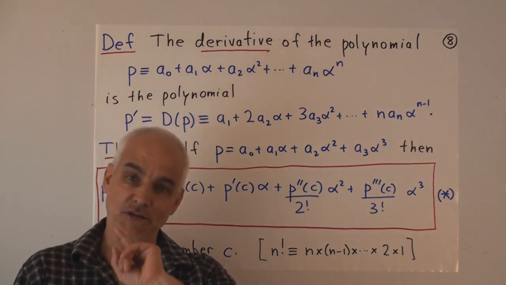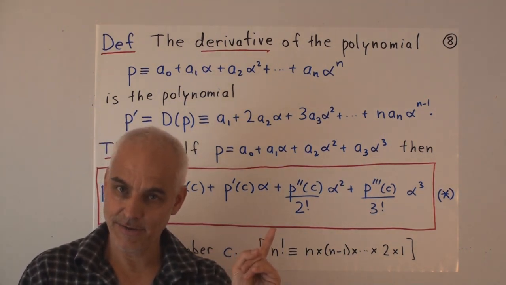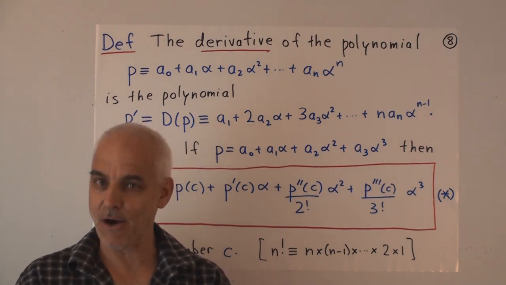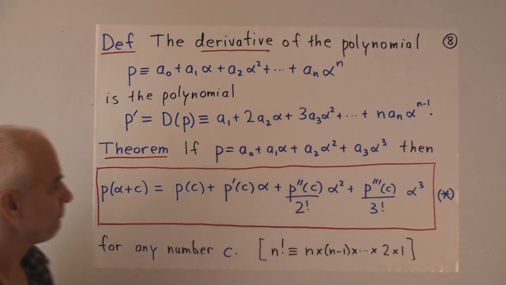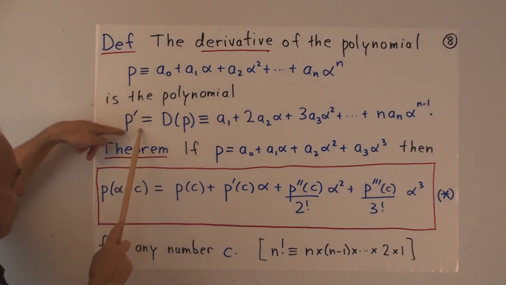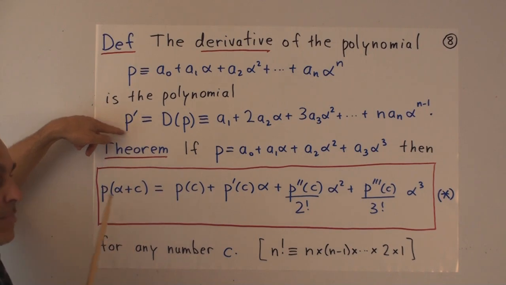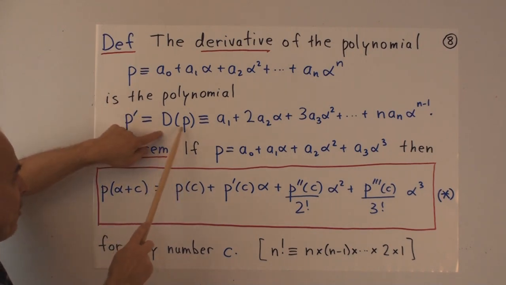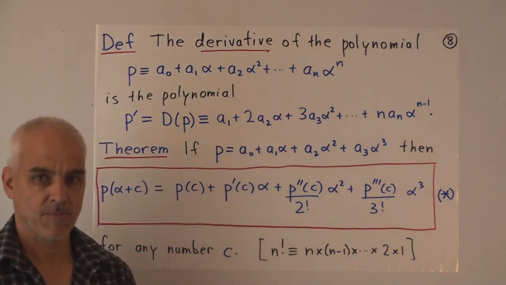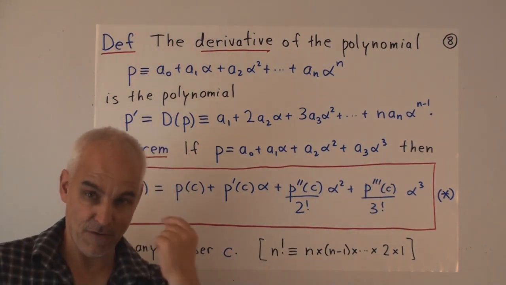I remind you this is just a formal expression. It's just something that we write down, a linear combination of powers of alpha. And what is its derivative? Its derivative, which is called P prime, or sometimes D of P, is this polynomial. This is the definition of the derivative.